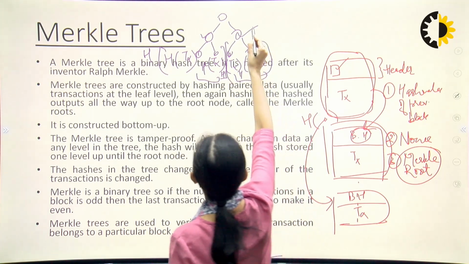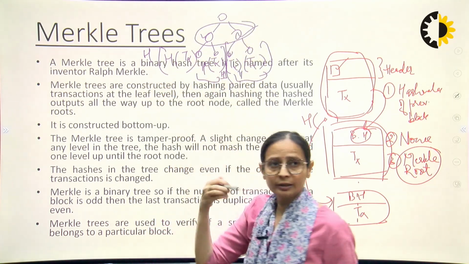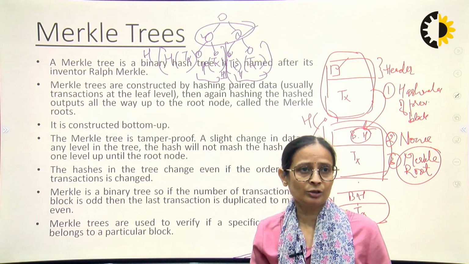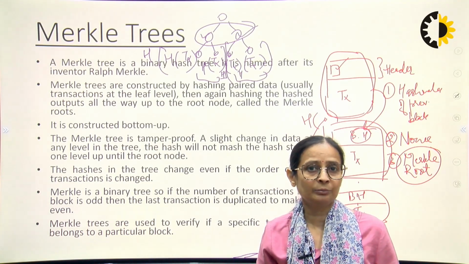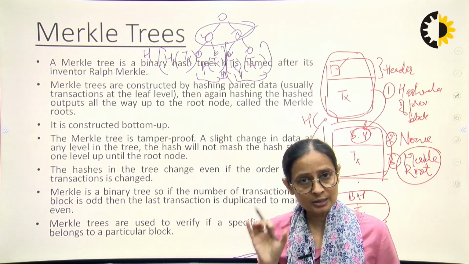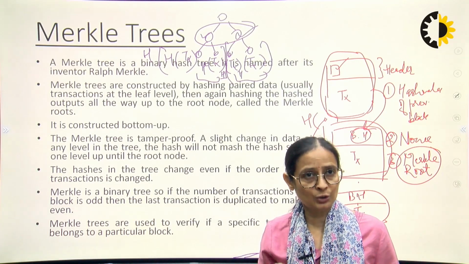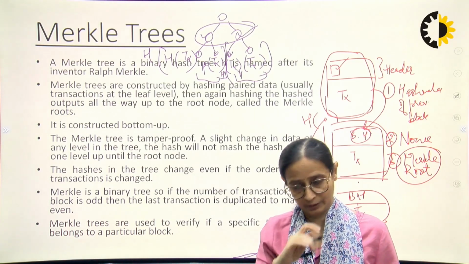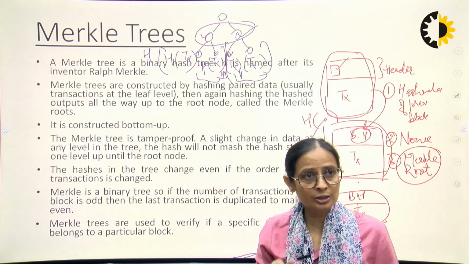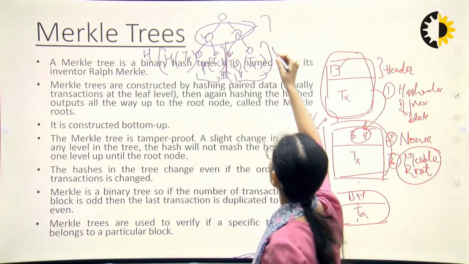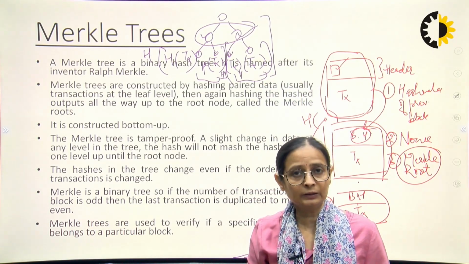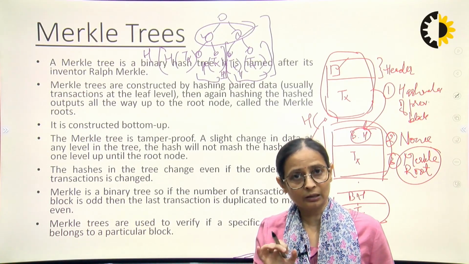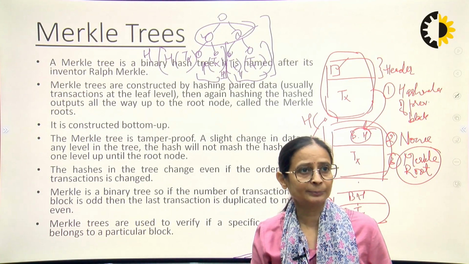Similarly, we perform this operation iteratively until we reach the root node, and this root node is known by the name Merkle root, and this is the Merkle root which we store in the header of the blockchain. That is, instead of storing this Merkle tree, we are storing the Merkle root in the block header.